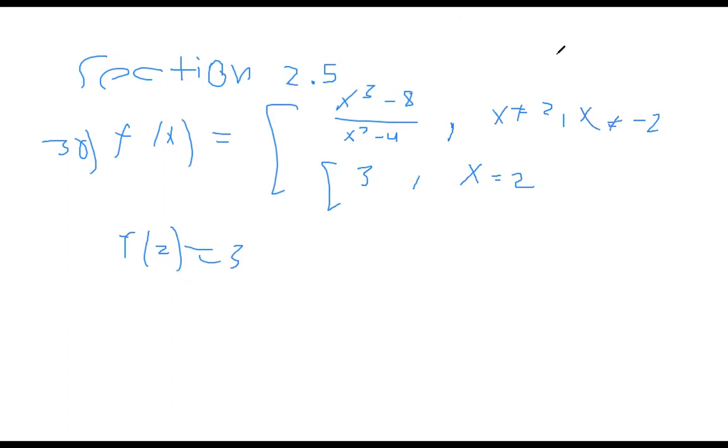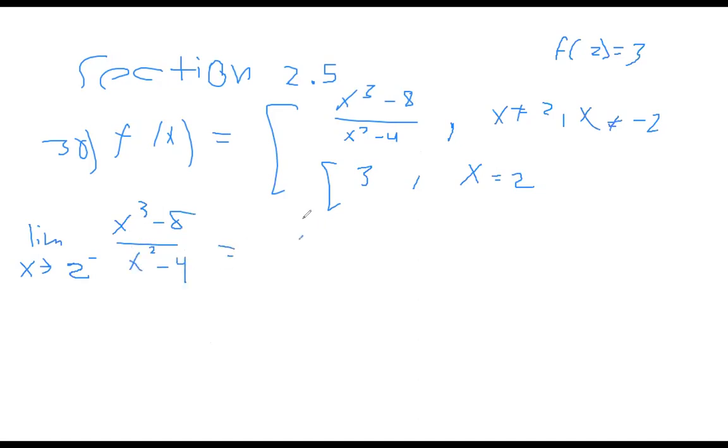Let me put this up here because I need more space. Let me move this up here real quick, and then erase this. So we're going to find the right and left hand limit. The limit as x approaches 2 from the left: from the left hand side, it's going to be x cubed minus 8 over x squared minus 4.